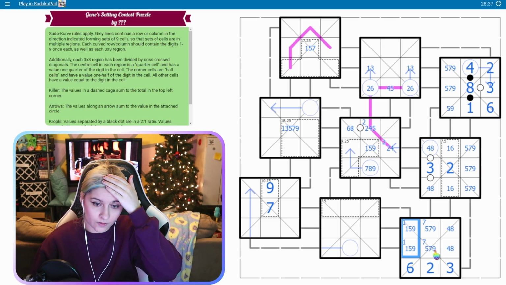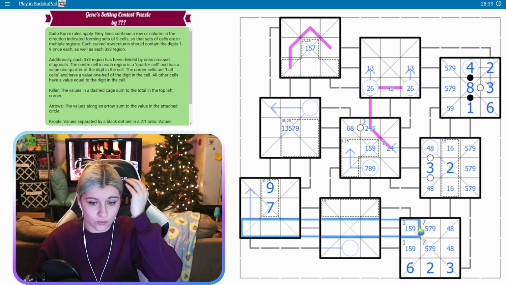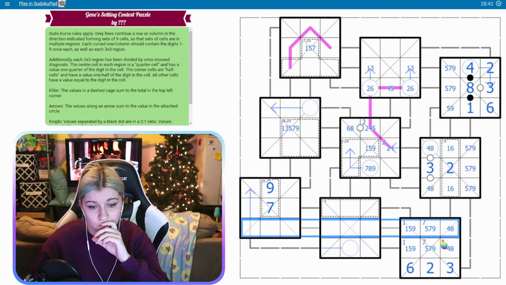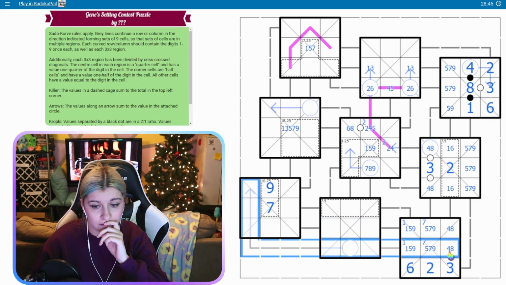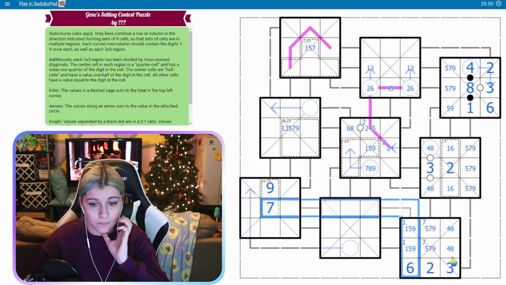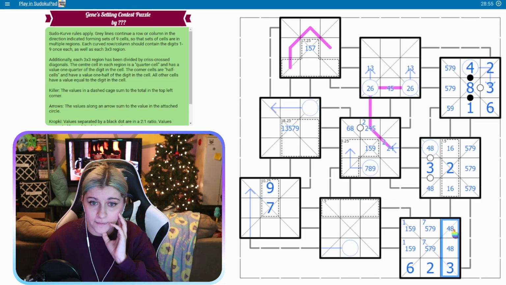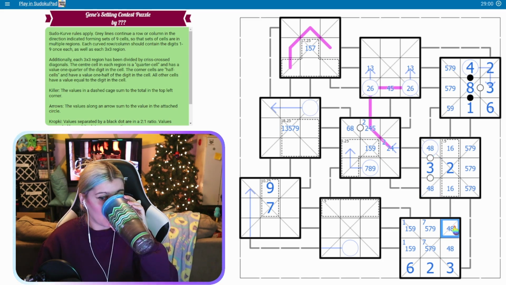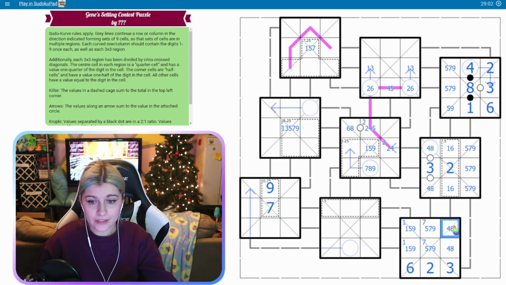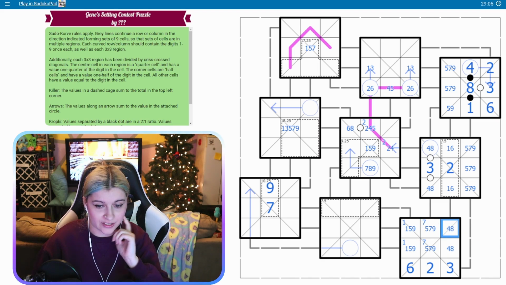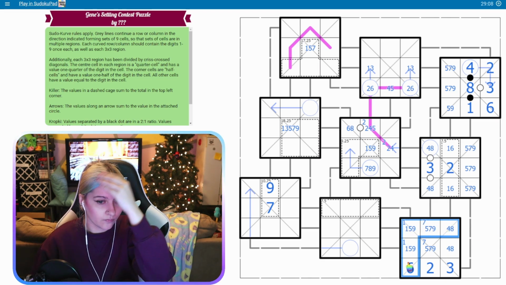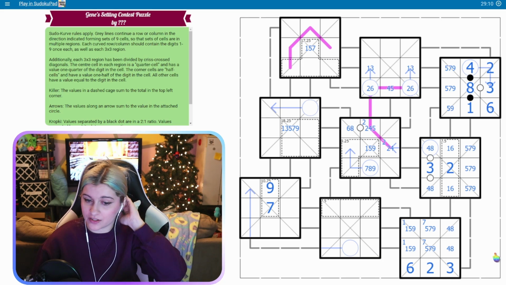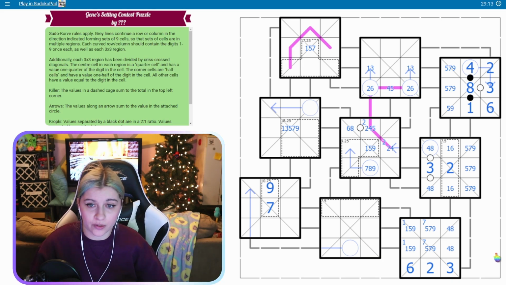Can I do more with that? I'm not seeing anything right now. Okay. Nice. That's interesting geometry. And there aren't any cages or anything in this region to change anything. It's just the Sudoku curve.